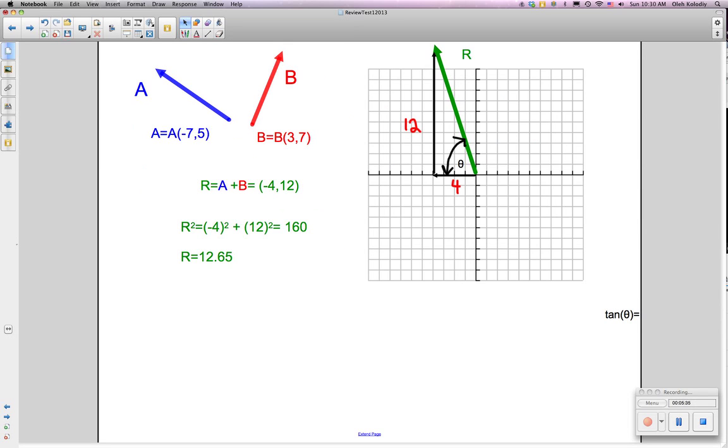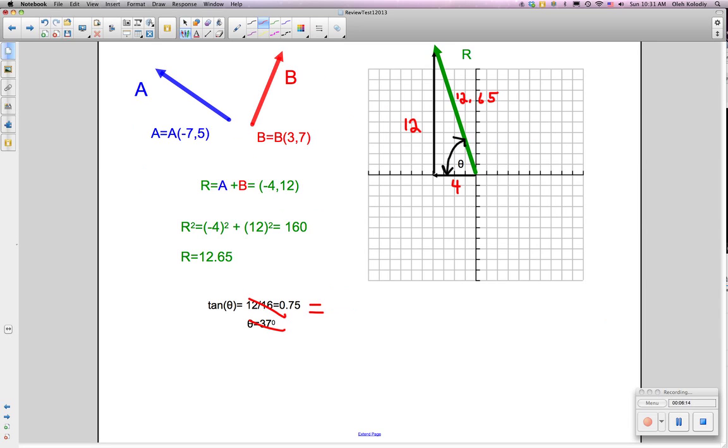And what's this angle theta here? Well, the tangent of theta will be the leg opposite divided by the leg adjacent, which is 12 divided by 4, which is 3. So I made a mistake here. 12 divided by 4, which is 3.